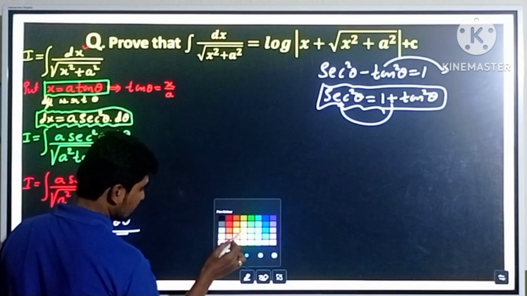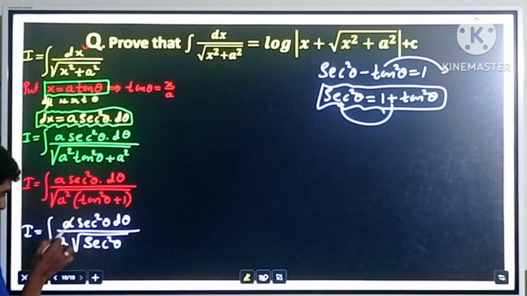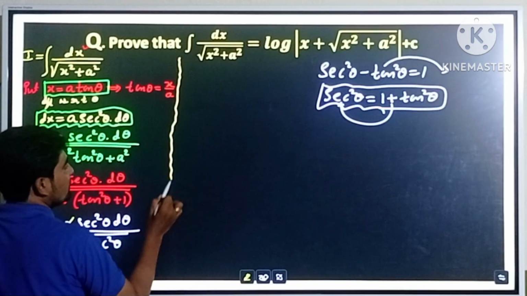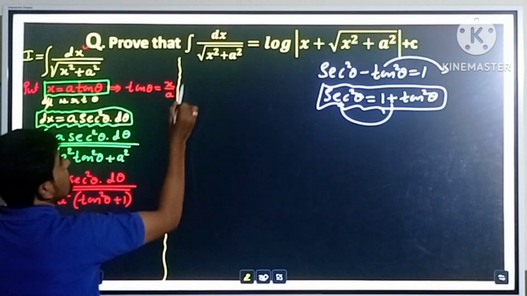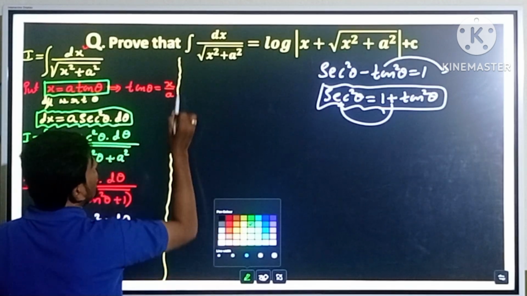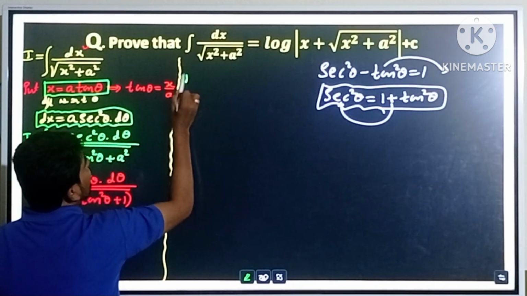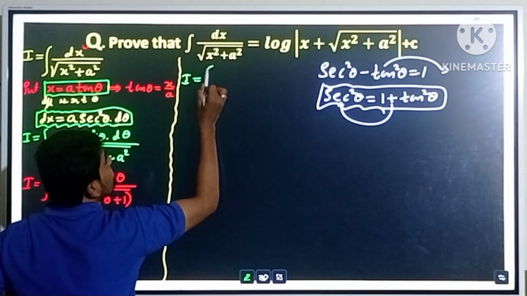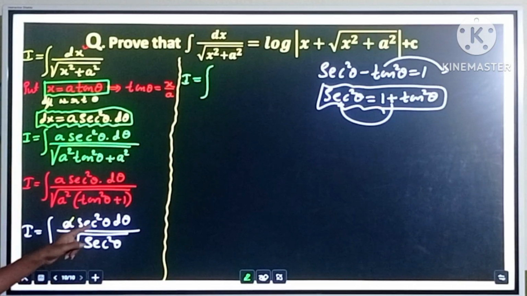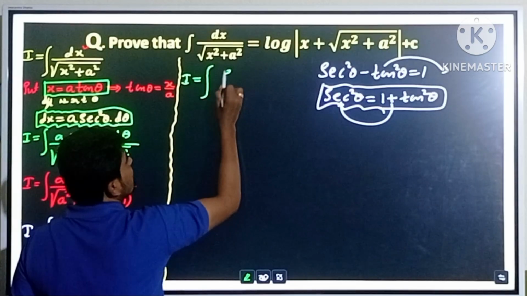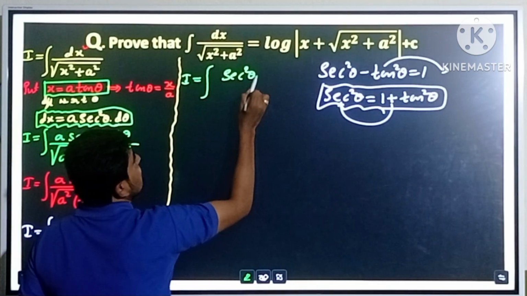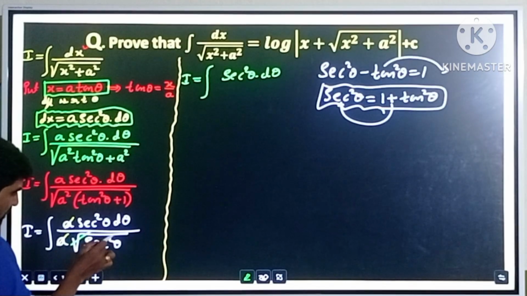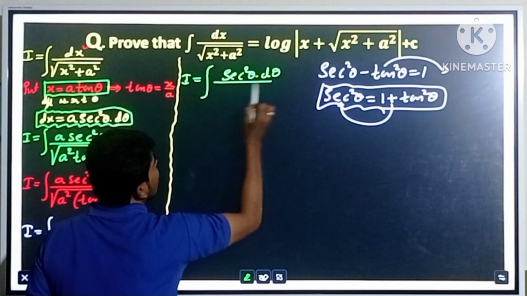Now see here, I can cancel a and a from numerator and denominator. After cancelling, we have I is equals to integration of numerator secant square theta d theta divided by square root, and the square root and square get cancelled, remains secant theta.